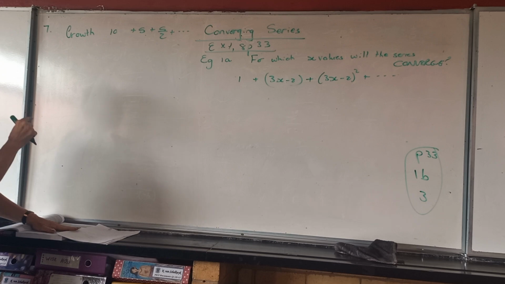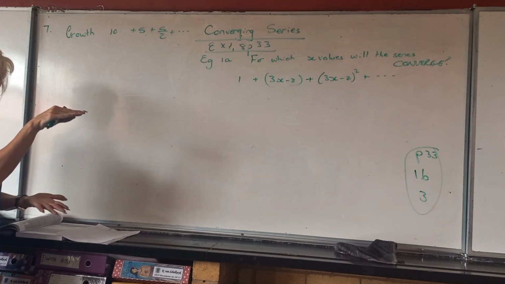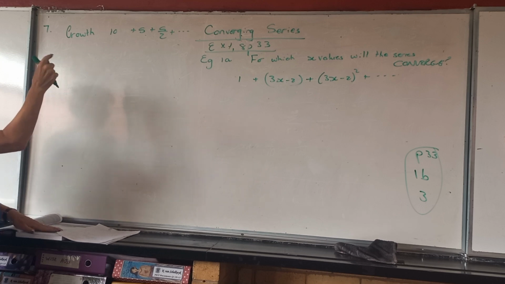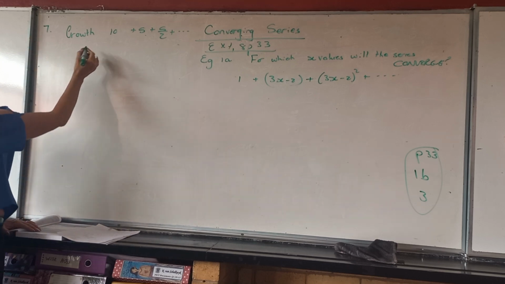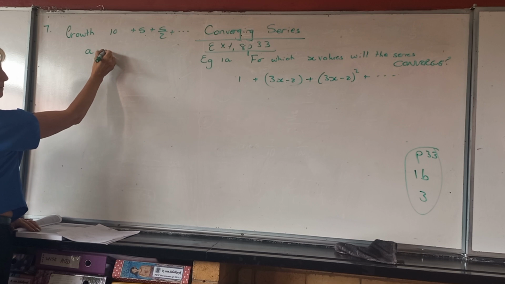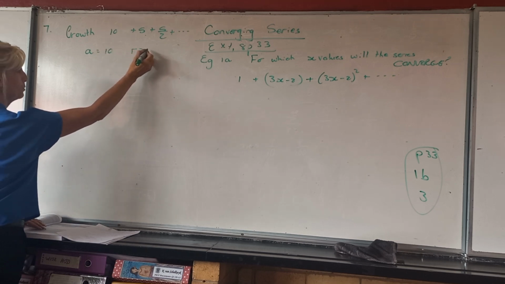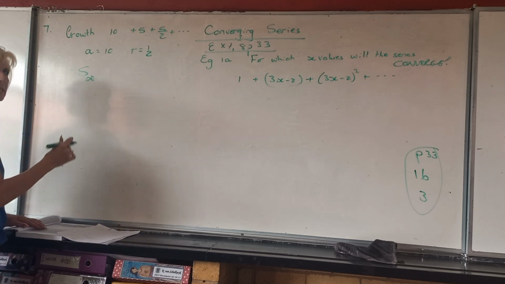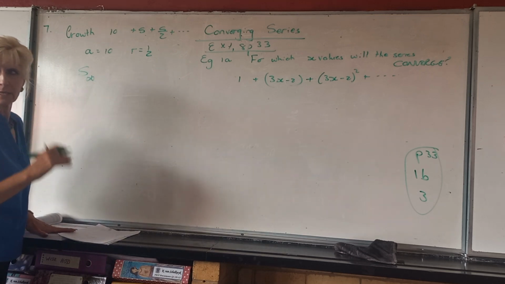But if you want the total height of this rose bush, it will be 110 plus the growth. So I need the sum to infinity of the growth. So for the growth, I've got A equal to 10 and my R equal to a half. And I'll go sum to infinity, although I know the bush is going to die sometime.